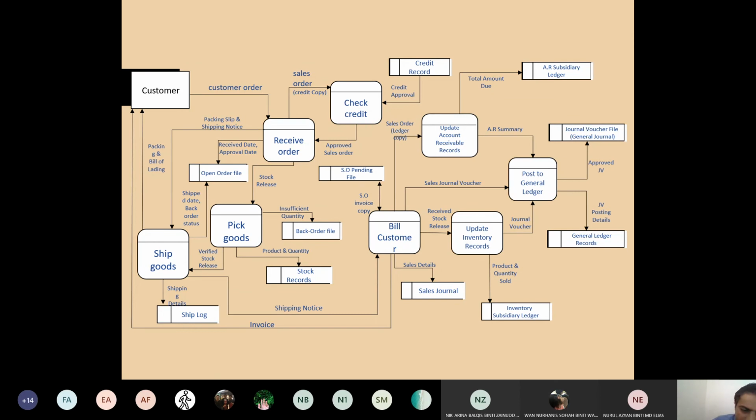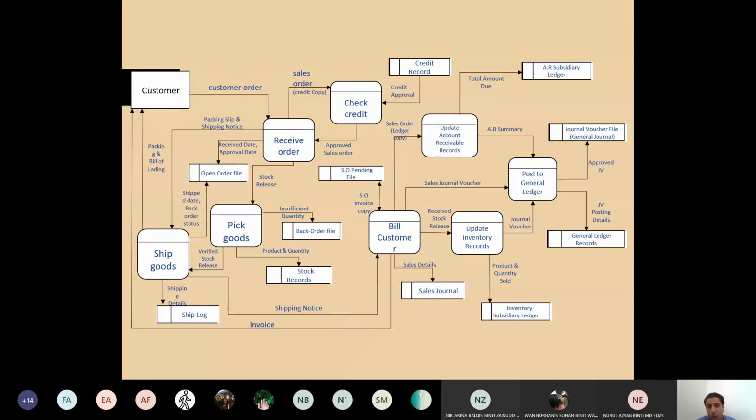This is quite detailed, but what we try to understand here is the documents flow and the activities flow, and we can see that at some points a control function should be taking place, like we should record in the sales journal based on several documents.